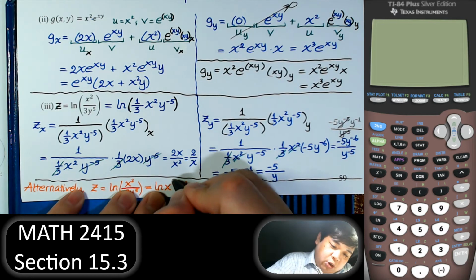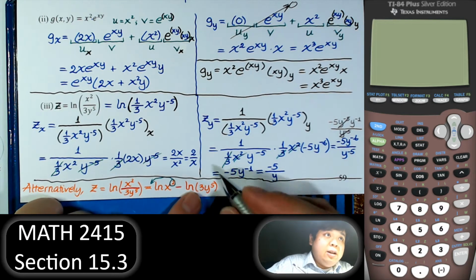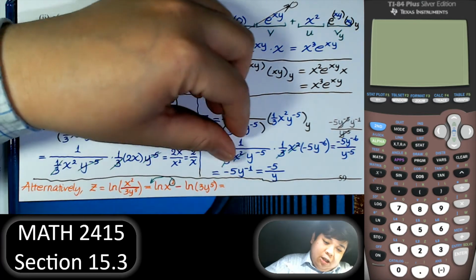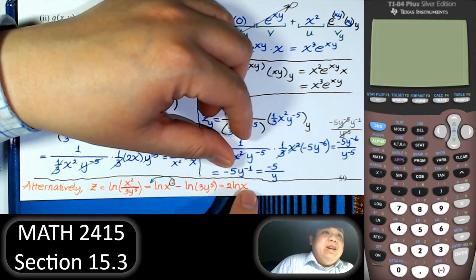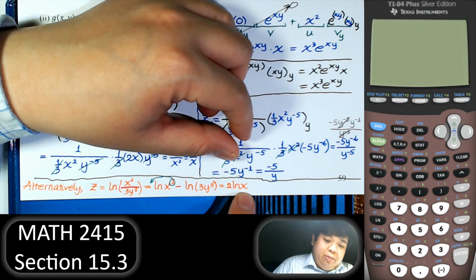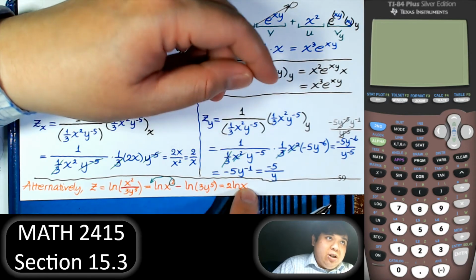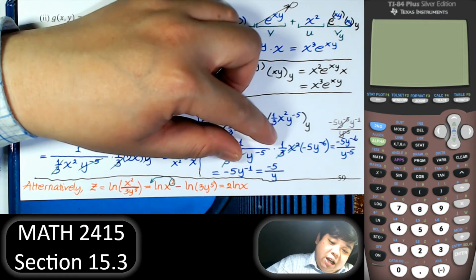I can take the 2 outside. So we have 2 ln of x. Taking the derivative of this with respect to x is an extremely easy thing to do, right? So it's 1 over x, 2 times that gives us this easily. Now I will break this as the product.